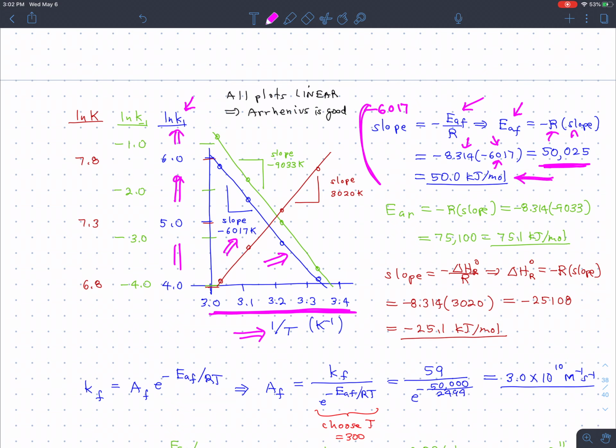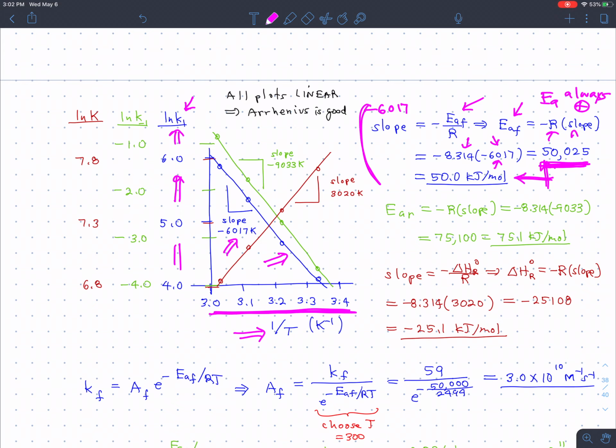It's exactly the sort of typical number that you get for most chemical reactions. One small check you can tell yourself as you're doing these kinds of problems is that an energy of activation is always positive. EA is never negative.